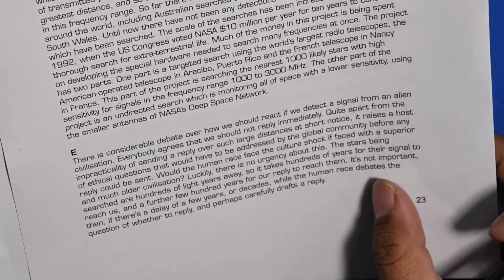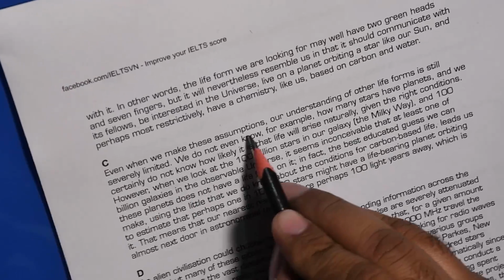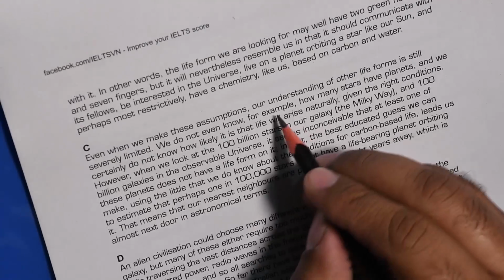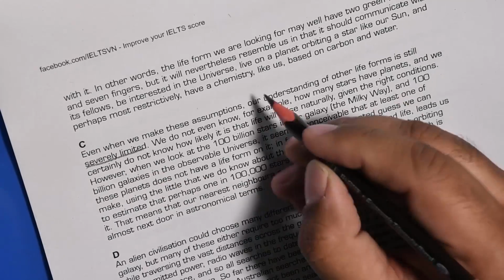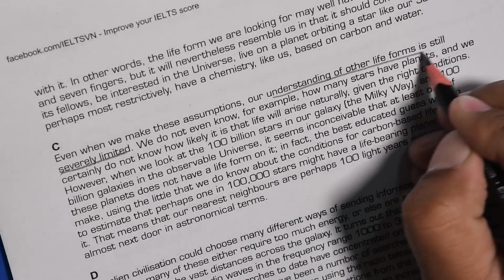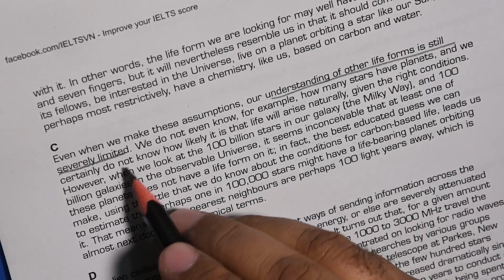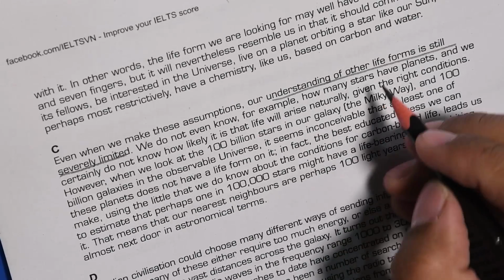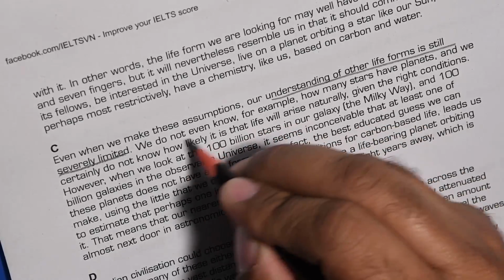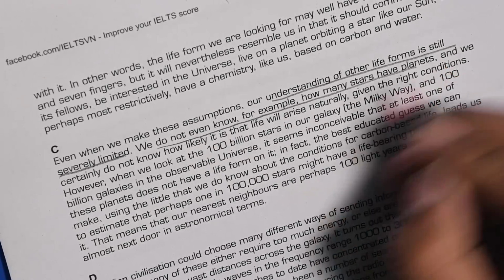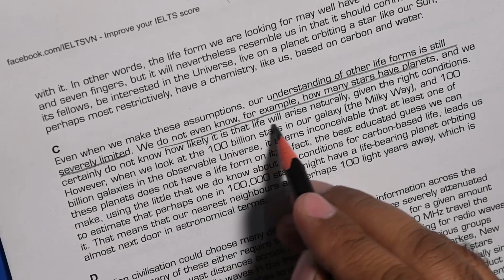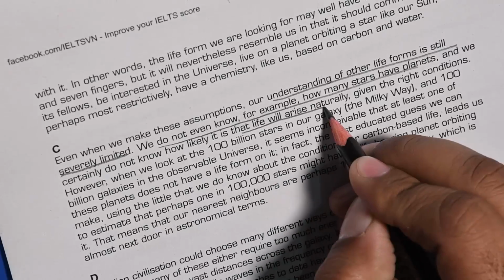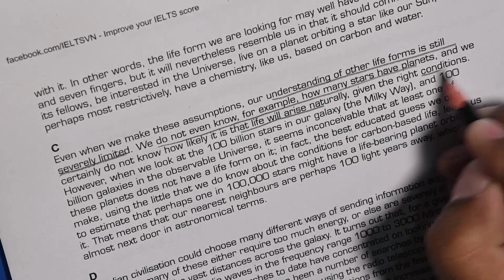So we go on to the next one, C. Even when we make these assumptions, our understanding of other life forms is still severely limited. We do not even know, for example, how many stars have planets. This is what we don't know. Limited knowledge. And we certainly do not know how likely it is that life will arise naturally given the right conditions.